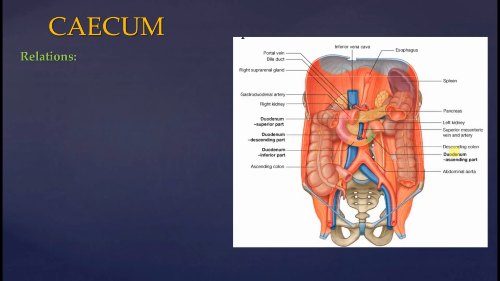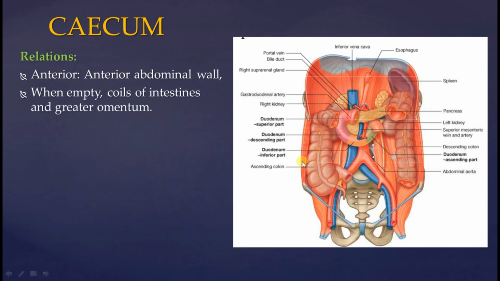Next, coming to the relations of the cecum. Anteriorly, the coils of the intestine will be present when the cecum is empty, and the greater omentum which hangs from the greater curvature of the stomach also forms a relation, and more anterior to it is the anterior abdominal wall.